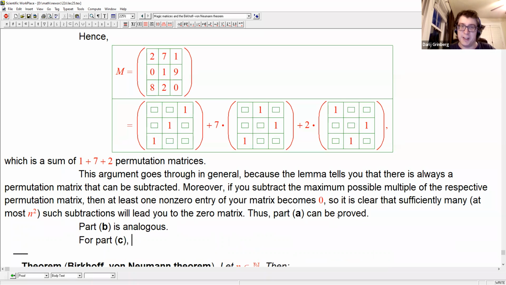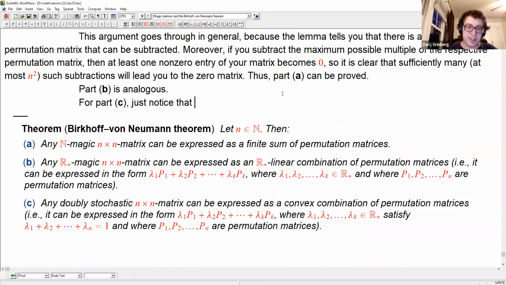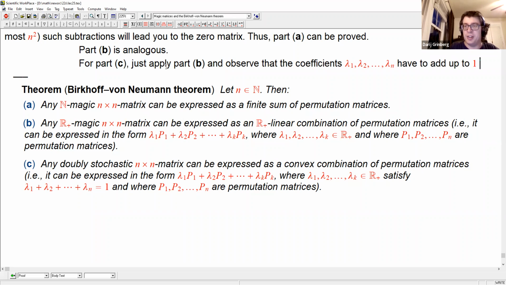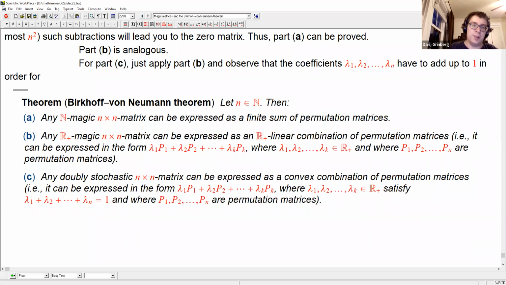Now, for part C, just notice that. So, what is part C saying? Of course, doubly stochastic matrices are R-plus magic, so you can apply part B and observe that the coefficients, the lambdas, have to add up to 1 in order for the matrix to satisfy the doubly stochastic requirement.